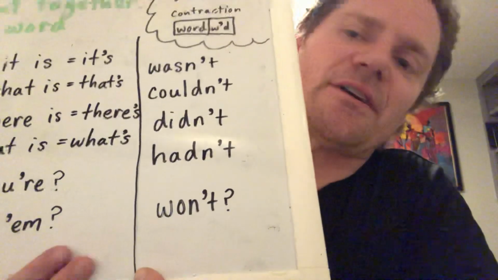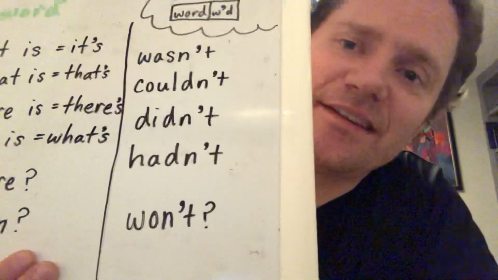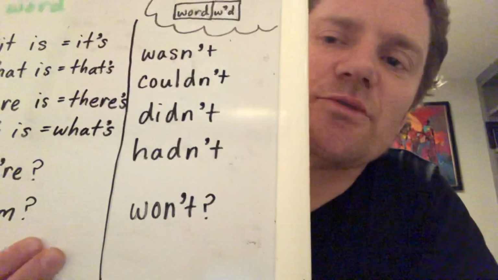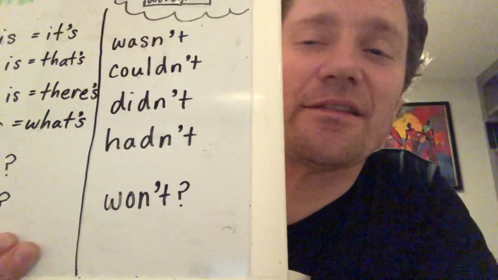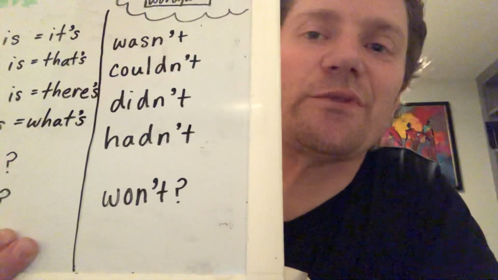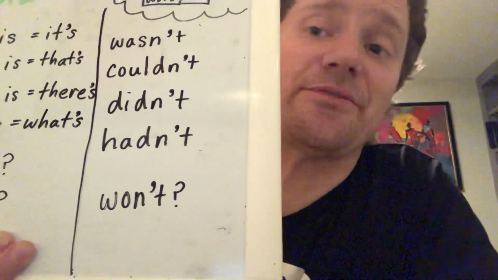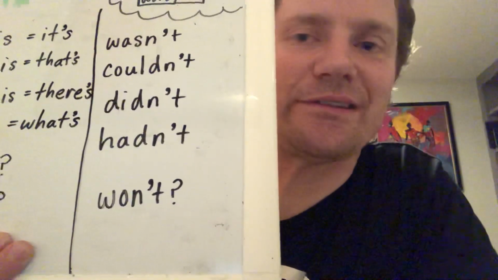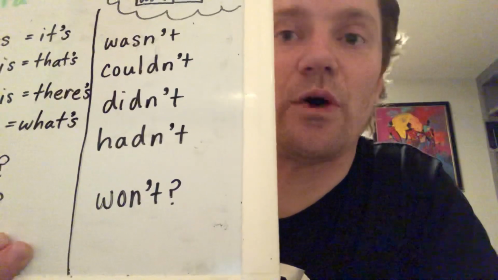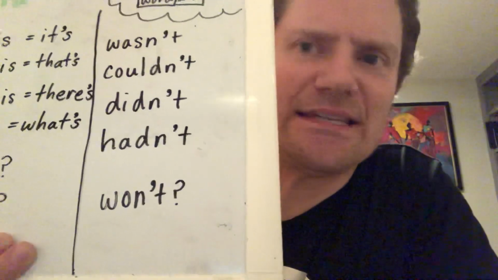I guess they didn't feel comfortable saying willn't, and so we switched it to won't. I don't know the history, to be honest, but I know that it doesn't follow the pattern. So that's one that we just have to remember is different than the rest. Will not becomes won't. We don't say willn't, and it's not from the words woe and not, because woe is not what we want to say.